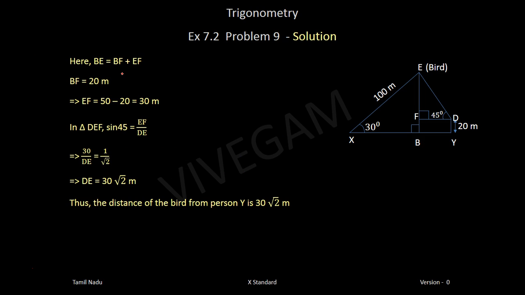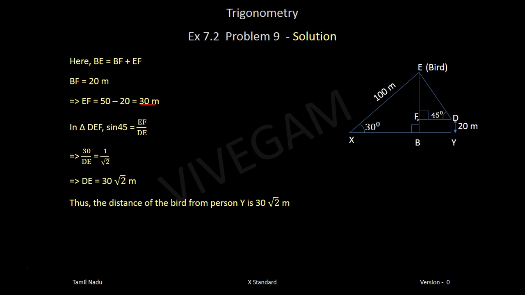So this will be 30. BE is BF plus EF. BF is given 20 meters. So EF will be 50 minus 20, that is 30 meters. Now take this triangle. Actually it is not DEF, it is YEF.